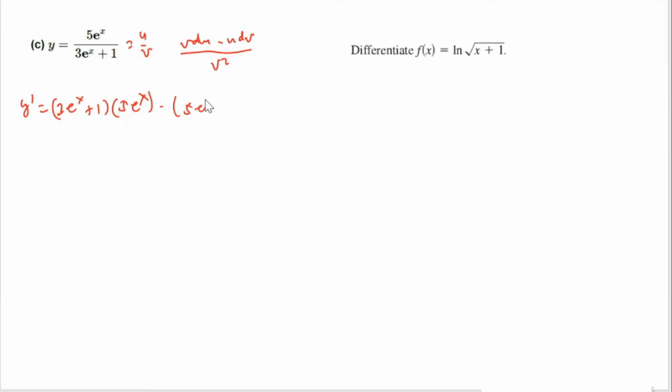We have 5e raised to x times the derivative of the denominator. The derivative of the first term of the denominator is 3e raised to x, and the derivative of 1 is just 0, so we don't need to write 0, all over the square of the denominator, which is now the square of 3e raised to x plus 1.